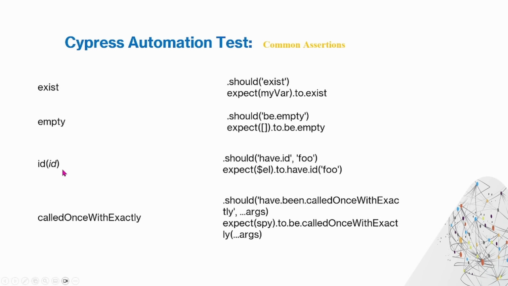Or to check something's ID, you can use .should have.id foo, or you can use expect that certain ID to have ID foo. And then to be called once with exactly is something else that you can do. You can use .should have been called once with exactly args, or you can have expect to be called once with exactly args as well. So these are different assertion methods that you can use in Cypress.